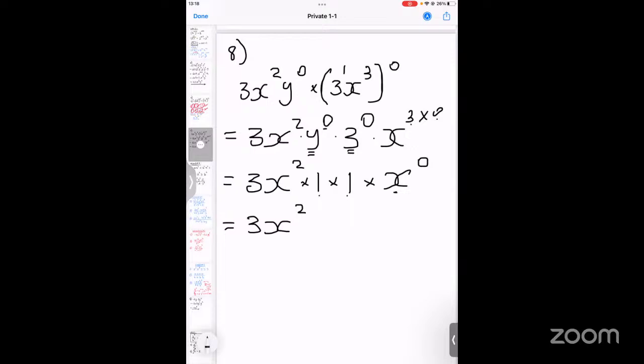So that means we just have 1 times 1 times 1. So it looks like we are having 1 there. So it's like you have 3 times a 1, which is 3, and then you have x squared. And that becomes the end of it. Can you see how you're supposed to work it out, Langelihle? Not an easy one. It has its own trickiness, but did it make sense?